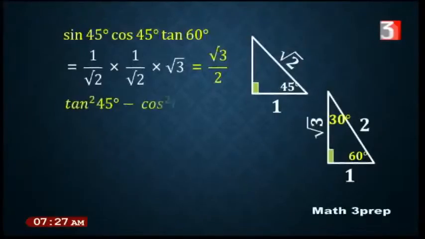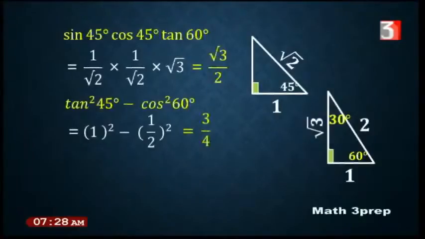What about tan square 45 minus cosine square 60 degrees? That's correct. Tan 45 is 1 to the power of 2 minus, what about cosine 60? Cosine 60 is adjacent over hypotenuse. So it is (1 over 2) squared, to obtain a result as 3 over 4.